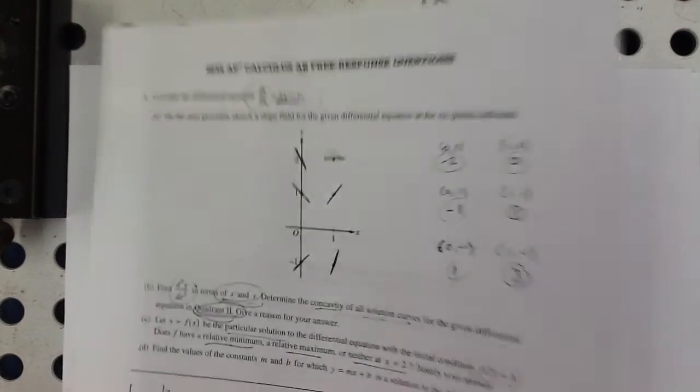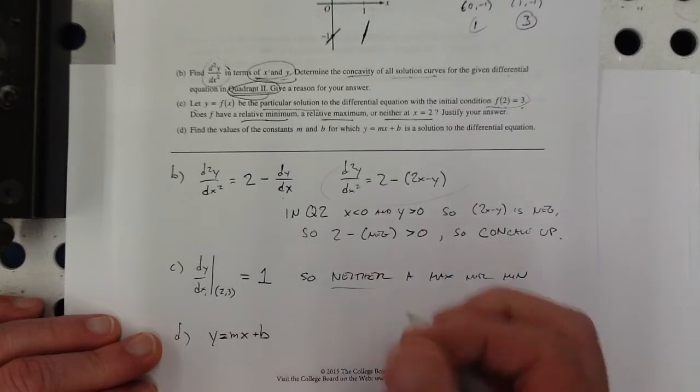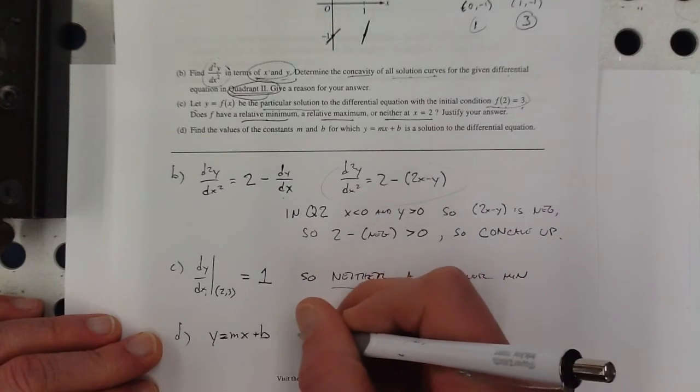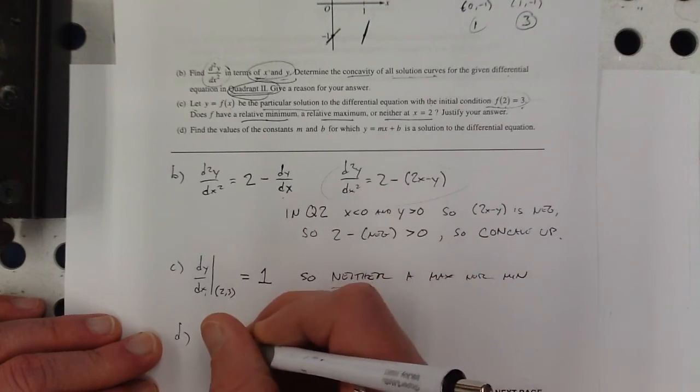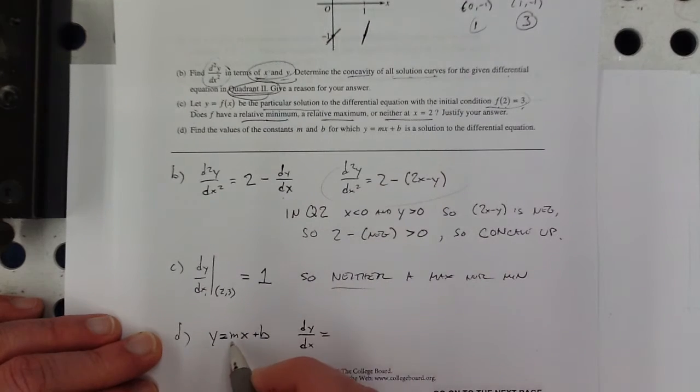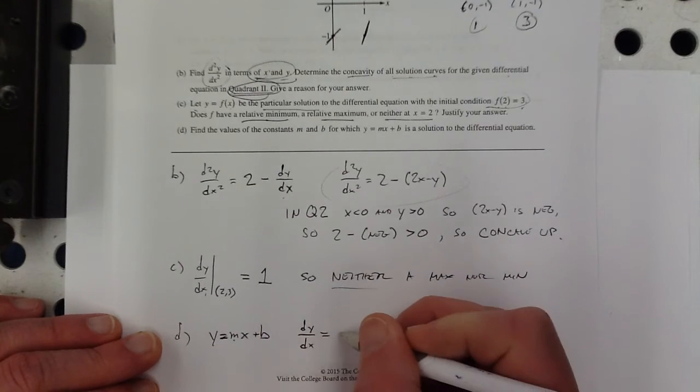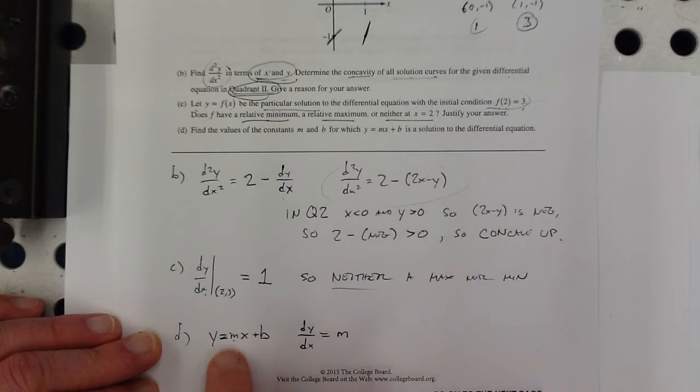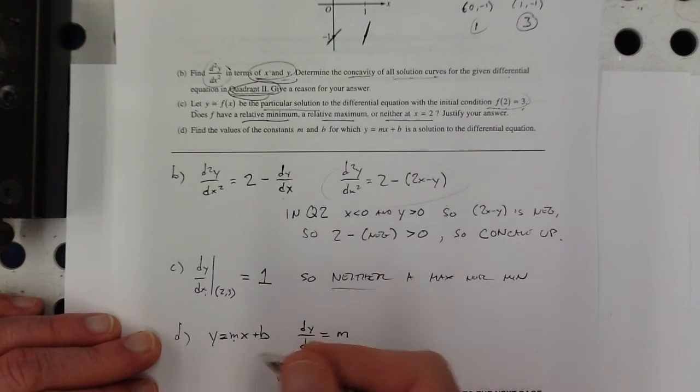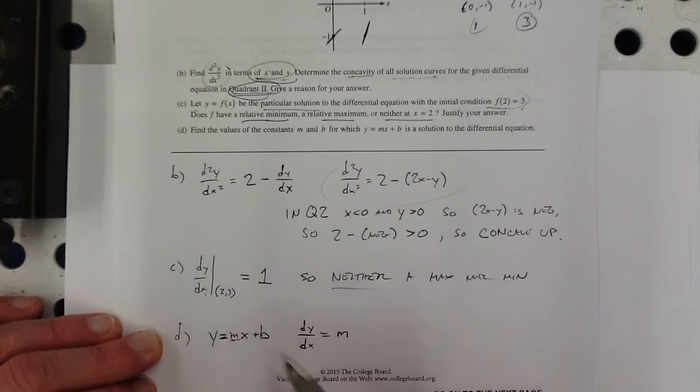If I take the derivative of this, the derivative of y is dy/dx, the derivative of a number times x is just that number, and then the b, that's just a constant, so that goes away. So slope equals m, of course that makes sense because that's a line in slope-intercept form, right?